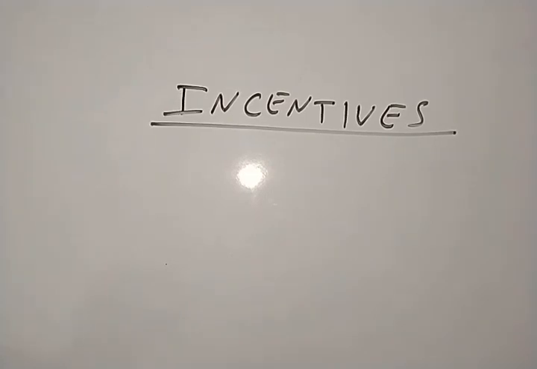So now we come across a fact that the concept of incentives emerged from the theory of Maslow because he has focused upon needs as the base for motivation. So now let us discuss what types of incentives there are.